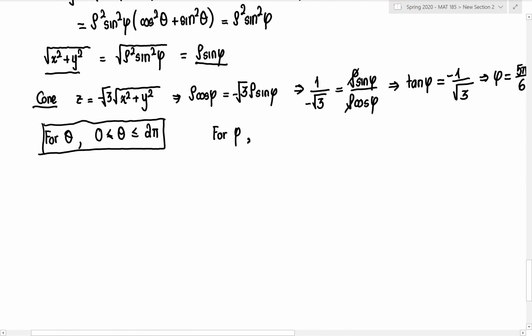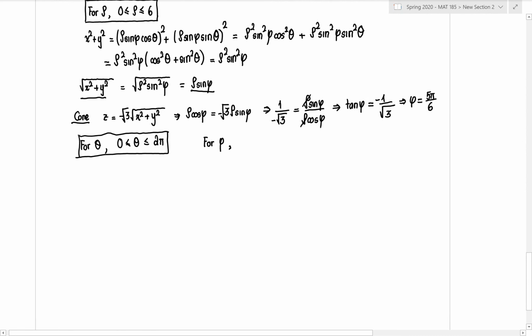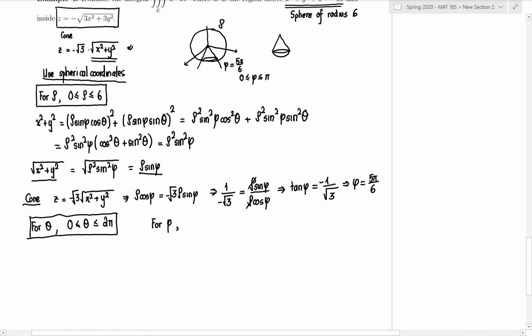That was always the difficult one, right? All this work here. We are looking at this upside down ice cream cone. Remember, this is phi equal to 5 pi over 6. If I want to be inside this cone, should the angle my points make with the positive z-axis be bigger than 5 pi over 6 or less than 5 pi over 6? This boundary makes angle 5 pi over 6 with the positive z-axis.